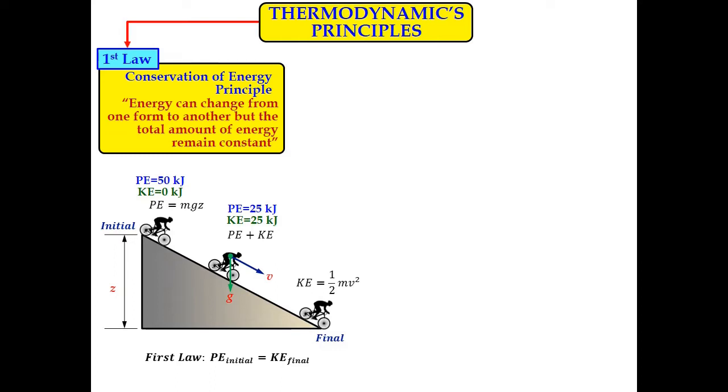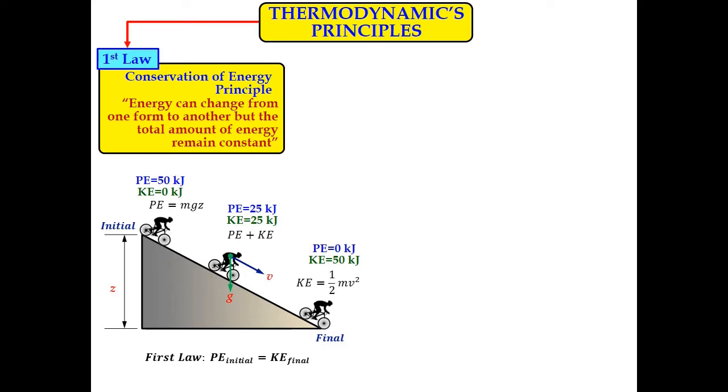Okay, at the final state at the bottom of the hill, we can see that the kinetic energy will be maximum at 50 kilojoule and the potential energy will be 0 kilojoule because the height of the cyclist will already be 0.